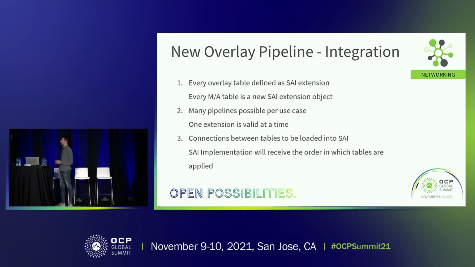So this is done in 3 steps. As I mentioned, first step is every overlay table is defined as SAI extension. So we are going to use SAI extensions to define our table.